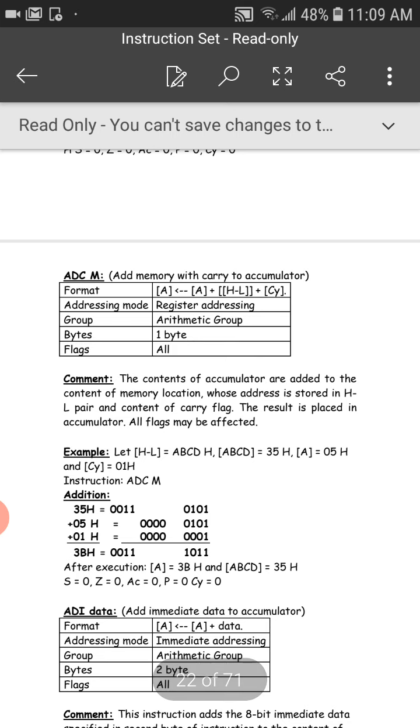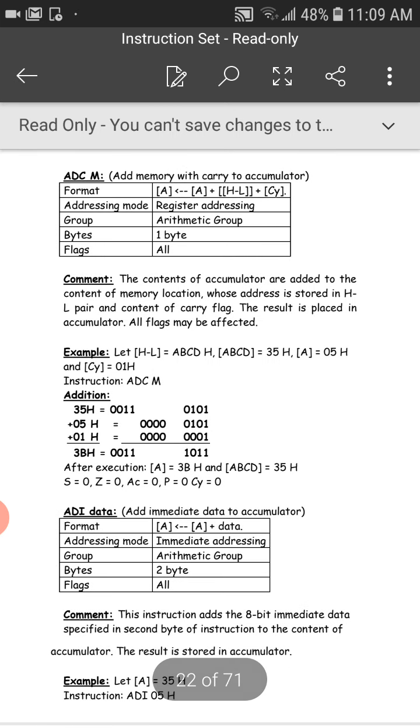The next instruction is ADC M, that is add memory with carry to accumulator. So the contents of the accumulator are added to the content of the memory location whose address is stored in the HL pair and the content of the carry flag. The result is placed in the accumulator and all flags may be affected.